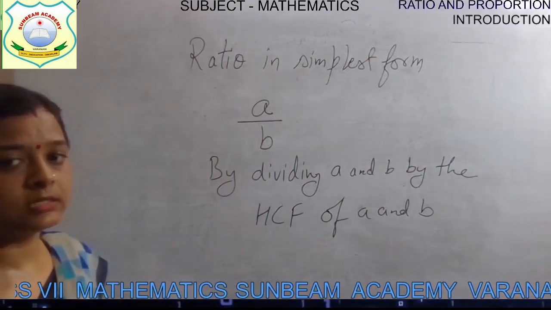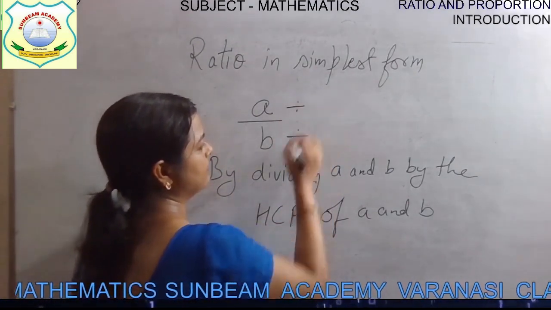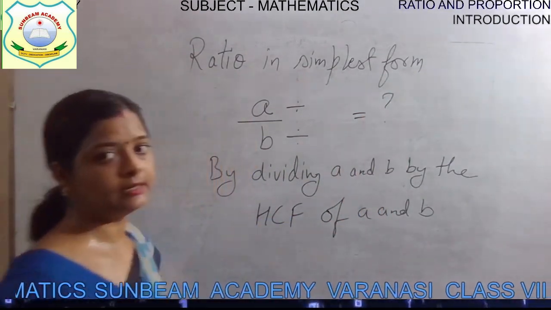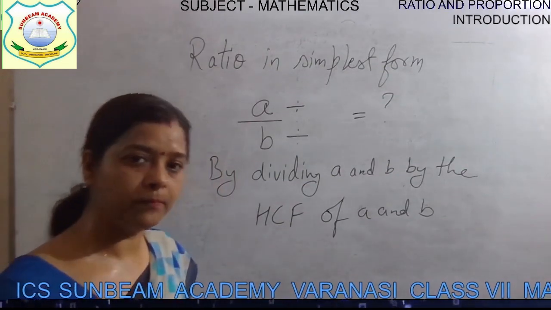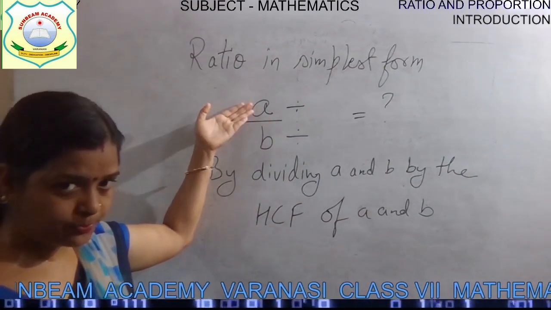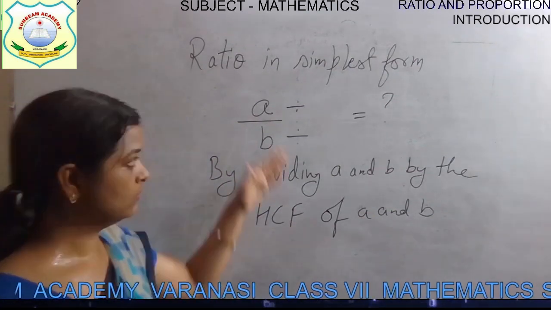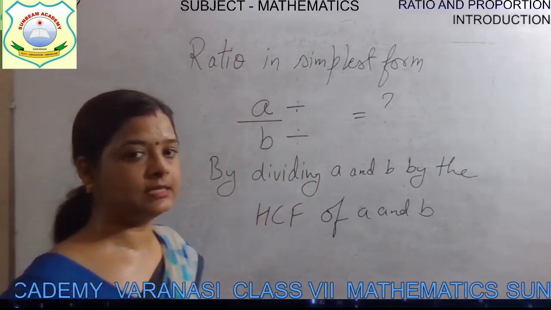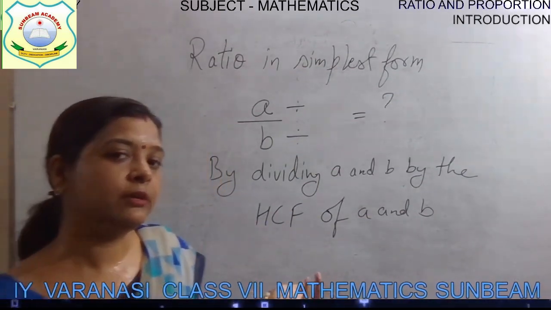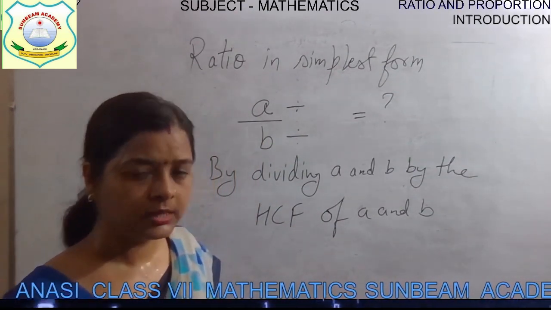You have to find the HCF, the highest common factor, of a and b first, and then divide by whatever HCF comes. Whatever result you get here will be the ratio in simplest form. Clear? We take the first term and the second term, find their HCF, and then divide both numbers by their HCF. You can find it using the method you learned in class 5 or class 6, the division method. Find out the HCF first and then divide.